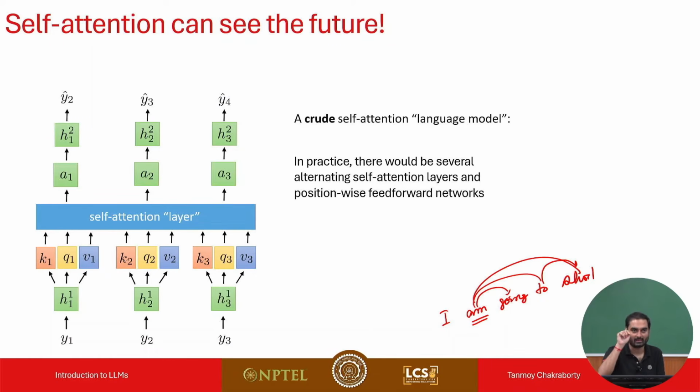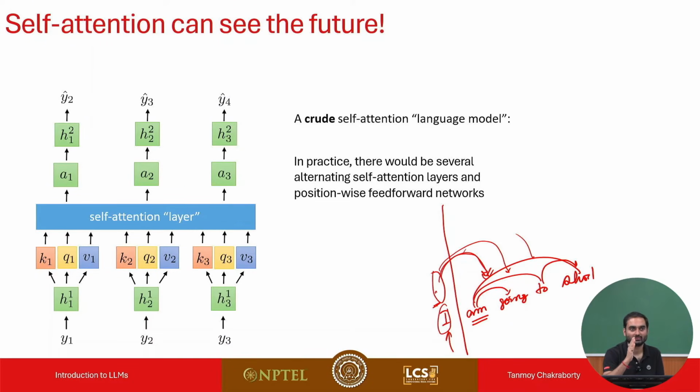So when we generate I, the corresponding decoder hidden state doesn't know what is going to come at the next timestamp, because you have generated only up to this part. So this one will not know what is going to come at the second position, the third position, the fourth position, and so on and so forth.